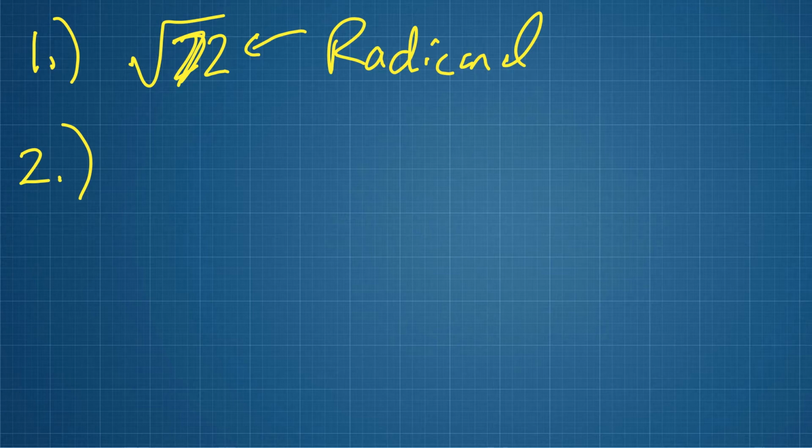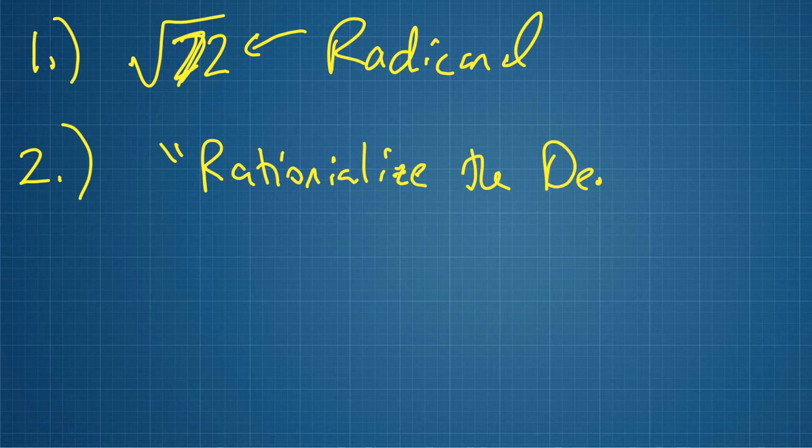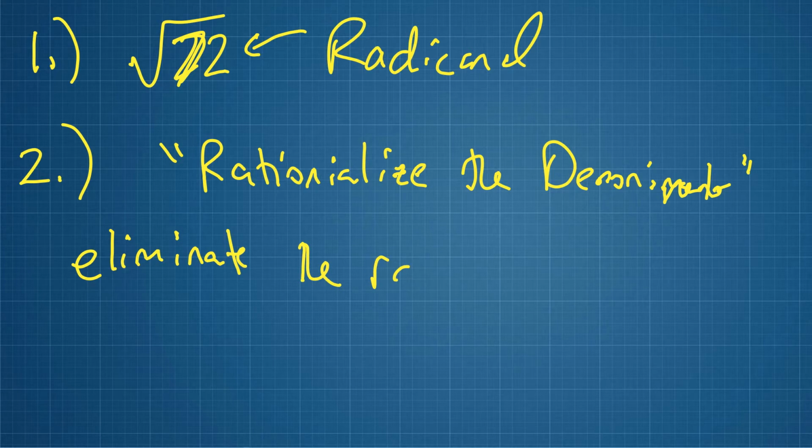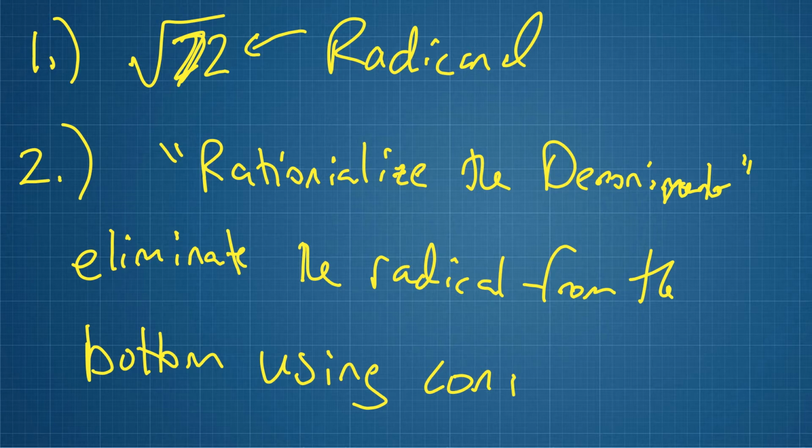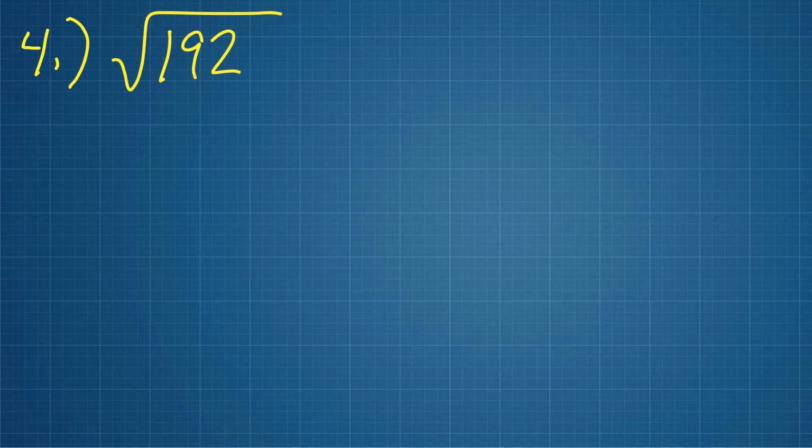Number 2, when it says rationalize the denominator, that's just a fancy way to say eliminate the radical from the bottom using conjugates. Alright, that's it for 1 and 2.